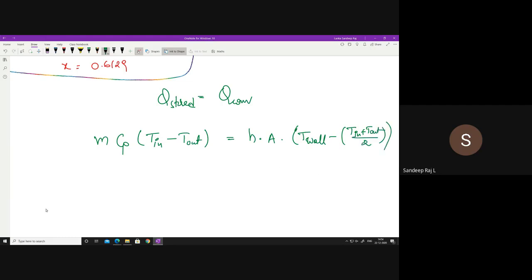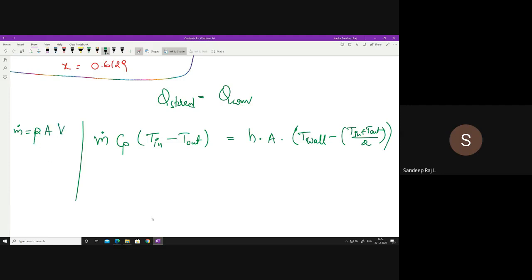Is it okay? This is m dot. M dot is nothing but rho A V. Rho is the density.